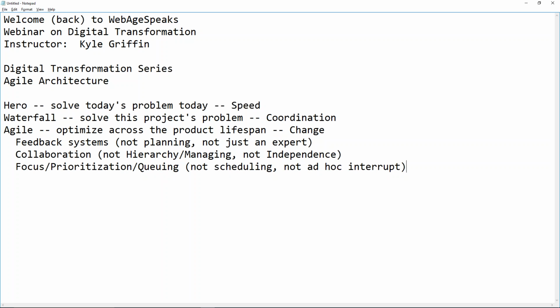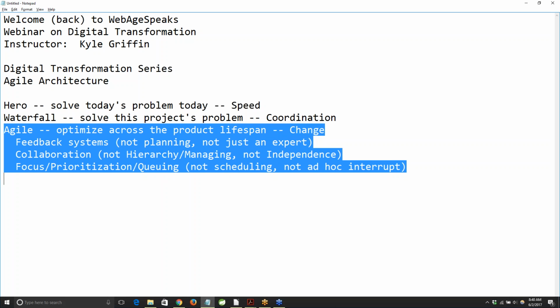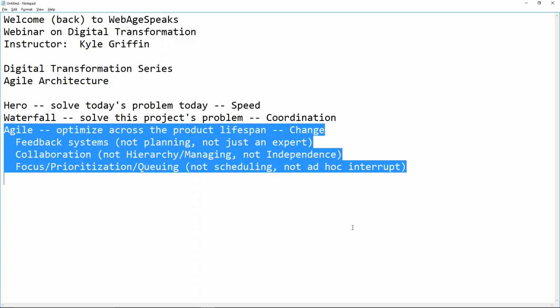Let's not just set up a schedule, because scheduling means that you're planning to work on something that's less important when you could be working on something that's more important. And let's not just run off of interrupts. Hey, I need you to do this right now. So this is the basic theory of Agile in 5 minutes. And we need to figure out how this fits into the architectural world, or how architecture fits into this world.